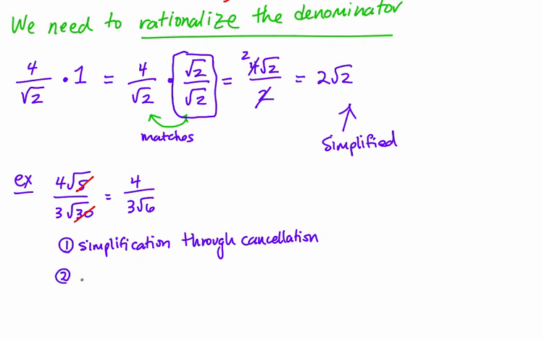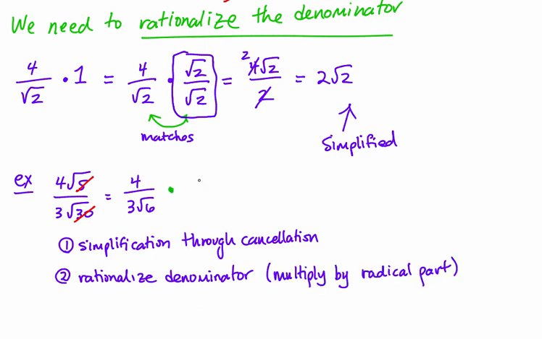And then I go on and I rationalize the denominator. And again, I do that by multiplying by the radical part. So I multiply this by, and the radical part is root 6. So that in green is my multiplication by 1 that I showed up there.